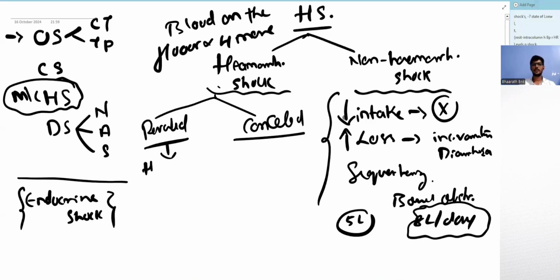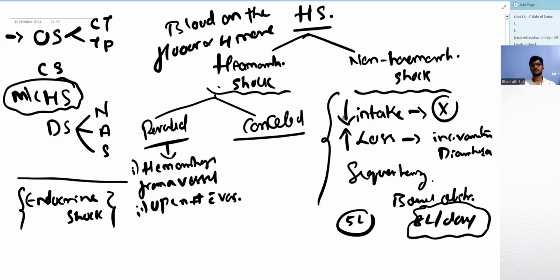So the patient is coming to you with hemorrhage from a cut vessel, from an artery or from a vein, and you are seeing that it is spilling blood onto the floor. That is one. Or there is an open fracture with a vascular injury, right?